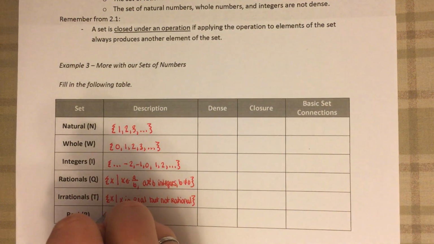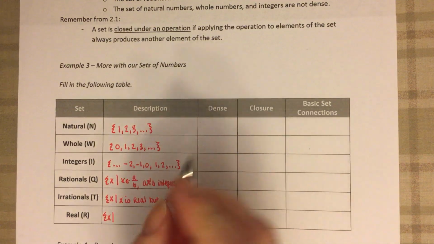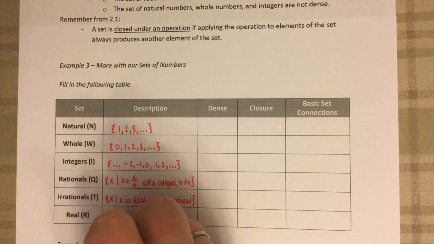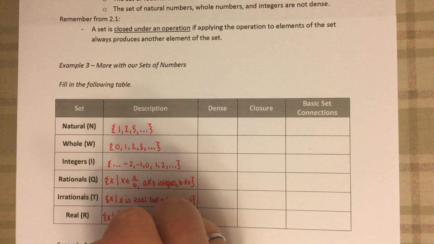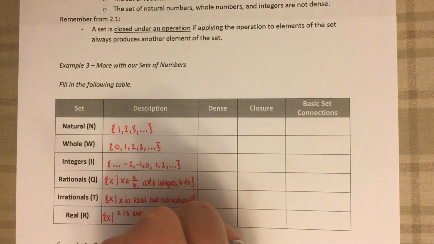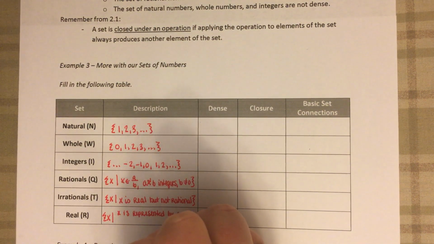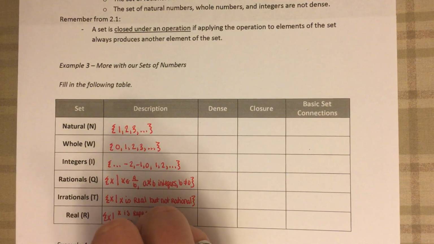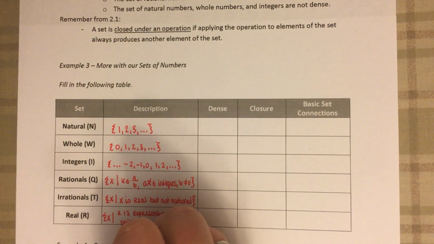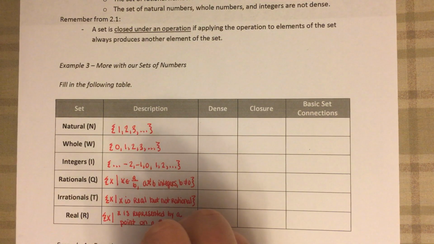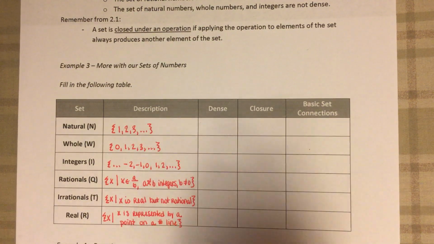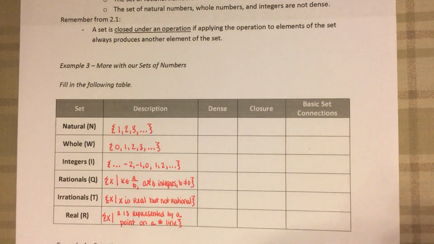And our definition of real numbers: x such that x is represented by a point on a number line. Our real numbers include all of these previous sets, so all of these other sets we can represent using little marks or dots on our number line.